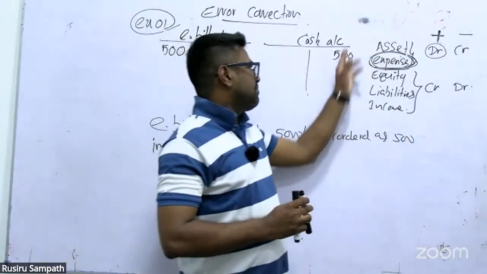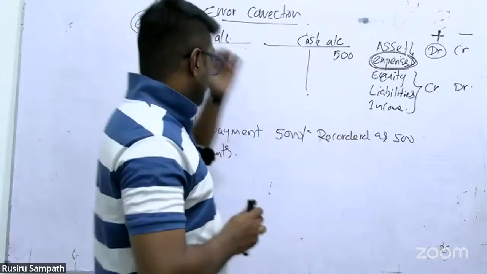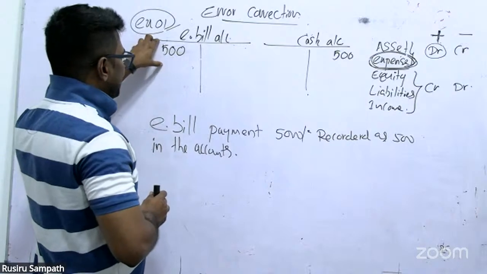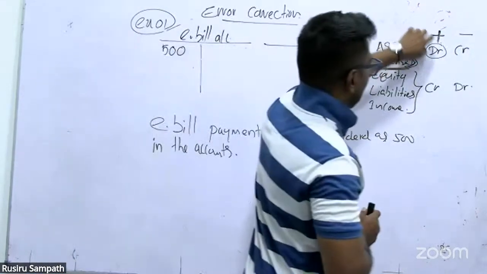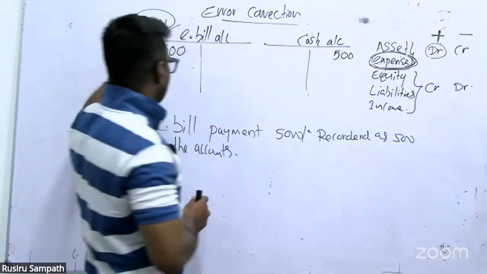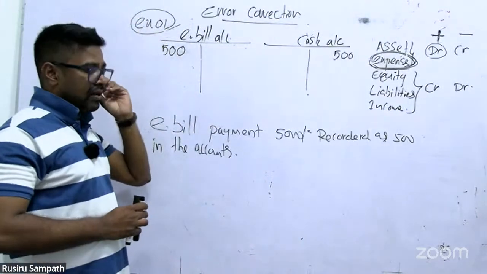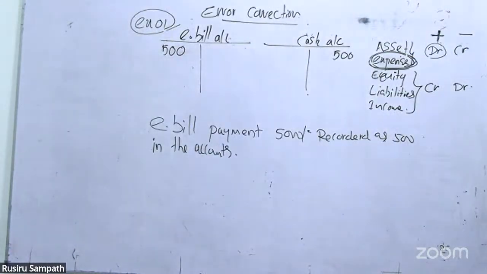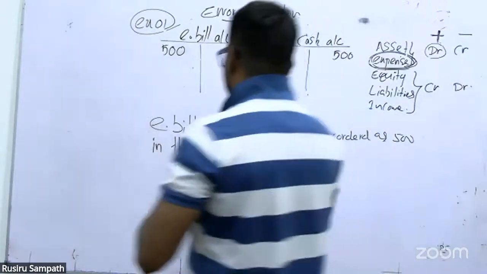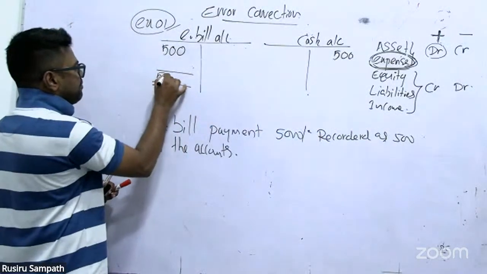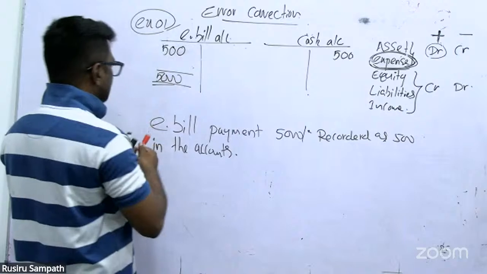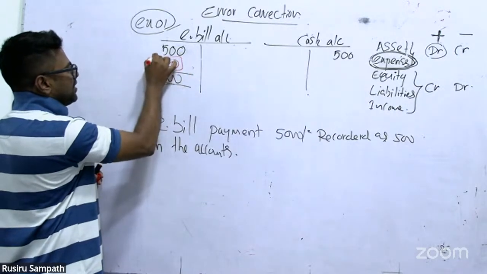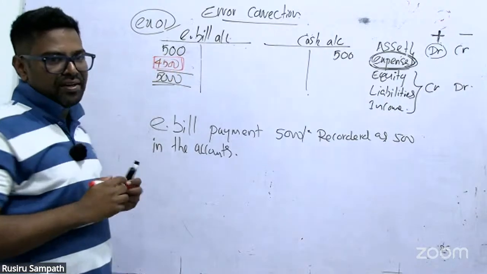Corrected amount 5,000 but recorded 500. E-bills are expenses, expenses increase debited, but the error debited 500. How to rectify this error? The corrected amount 5,000, now recorded 4,500 short.